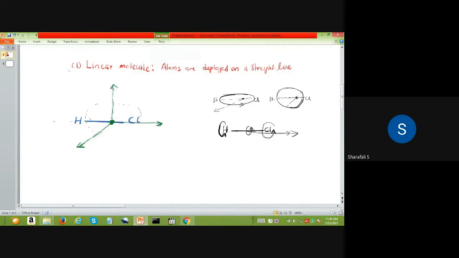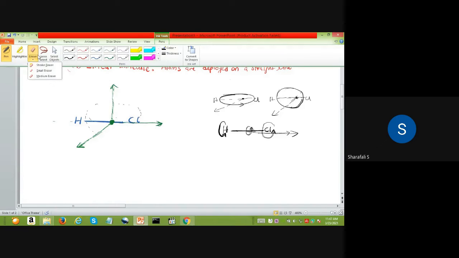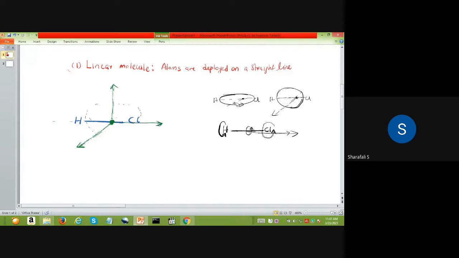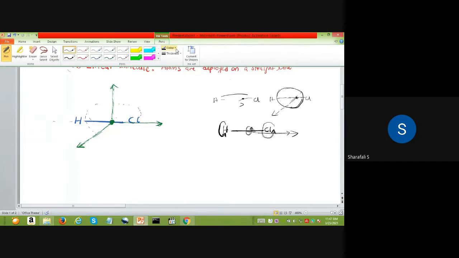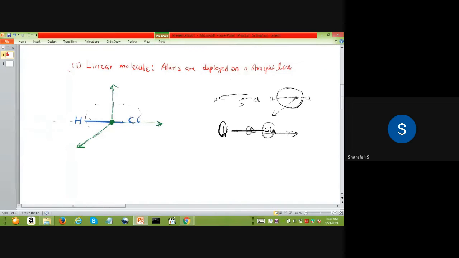Sorry, this axis is this one, right? With respect to this axis, it is rotating.